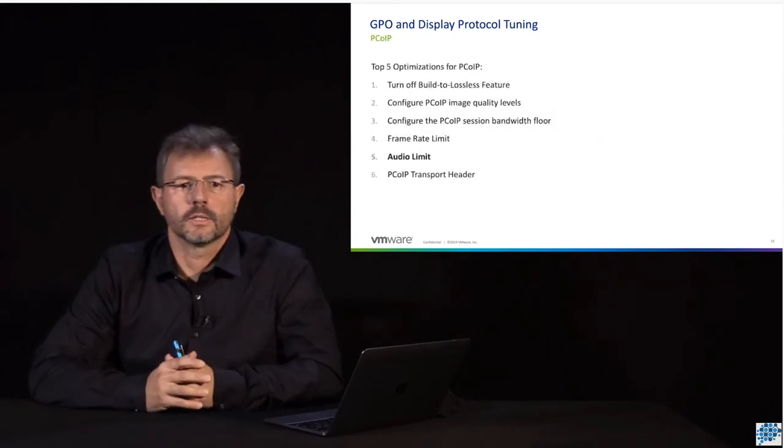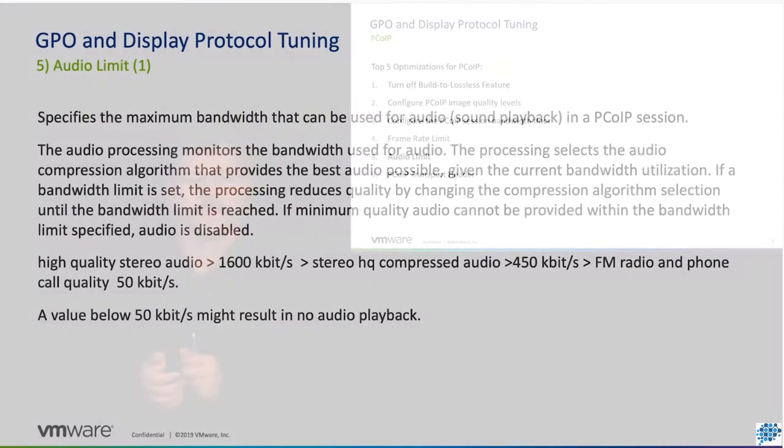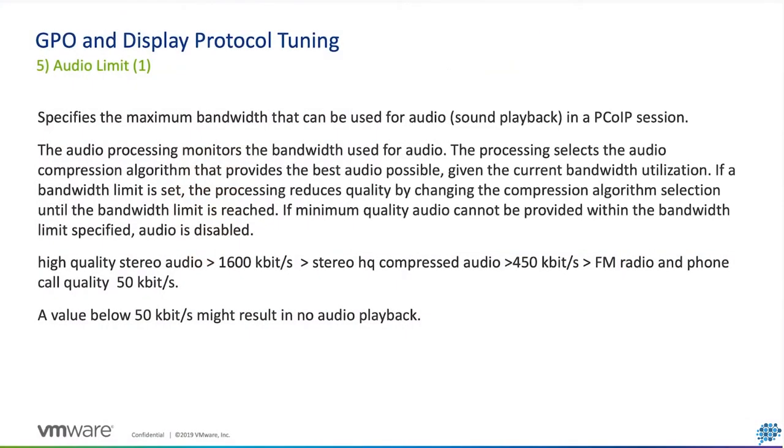Let's go to the next option. This is the audio limit. Within the PCoIP data stream, we have the audio stream. Depending on what bandwidth you have available, you can configure the audio limit within your data stream. The more you turn the limit down, the lower the quality will be.